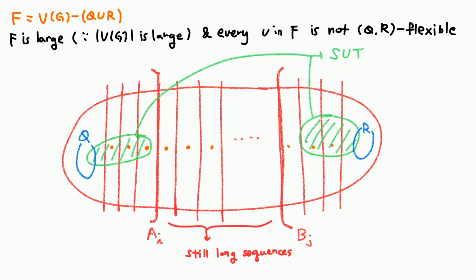So we can find a consecutive subsequence of separating sets such that the left-hand side and right-hand side contain the whole set S union T, and the number of middle separating sets is still very large, because we can initially start with a very large number of separating sets.